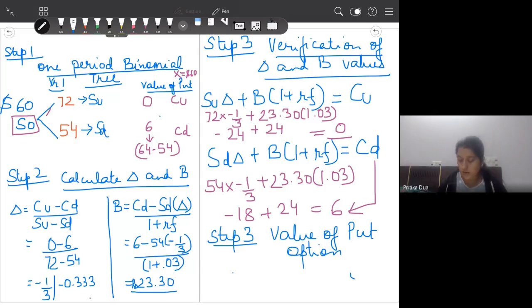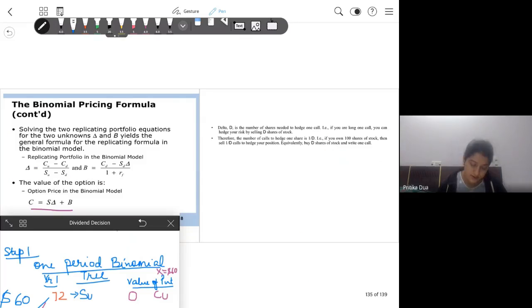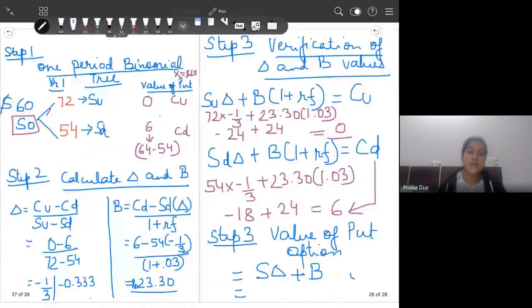which will be equal to S delta plus B. Just check that this was the formula. Yes, S delta plus B. So S, now this S is 60, into minus 1 by 3 plus 23.30.